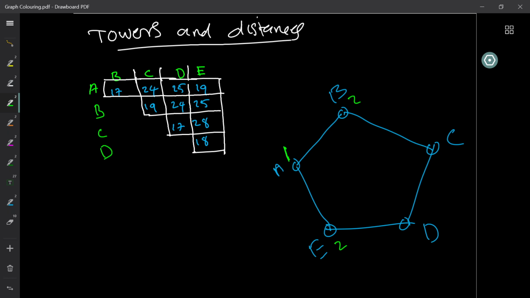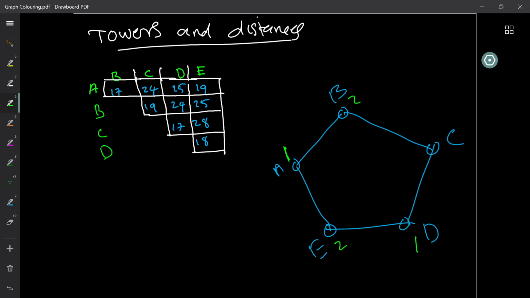There is no connection between B and E, therefore they can be given the same frequency, so the distance is at least 20 plus kilometers. Now when you come to D, it cannot be given 2, so it can be given 1. C cannot be given 2, it can be given 1, but then D is also adjacent to C, so I cannot use 1 here. So with just 2 colors or 2 different frequencies, I won't be able to do this.